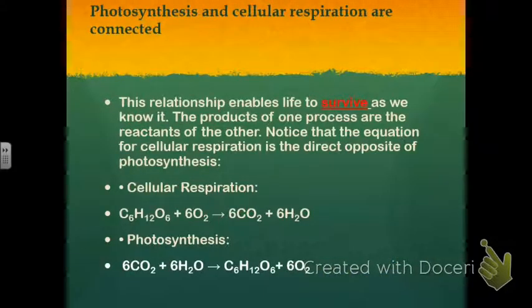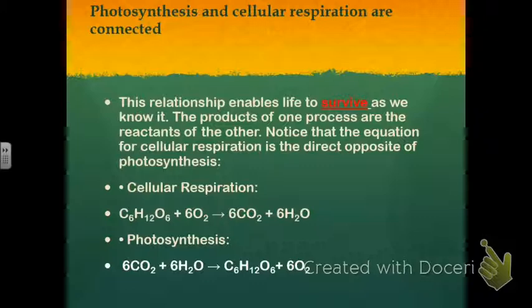This relationship between photosynthesis and respiration is what enables life to survive as we know it. The products of one process, see the example here of respiration, are actually the reactants of the other process, photosynthesis, and then vice versa.